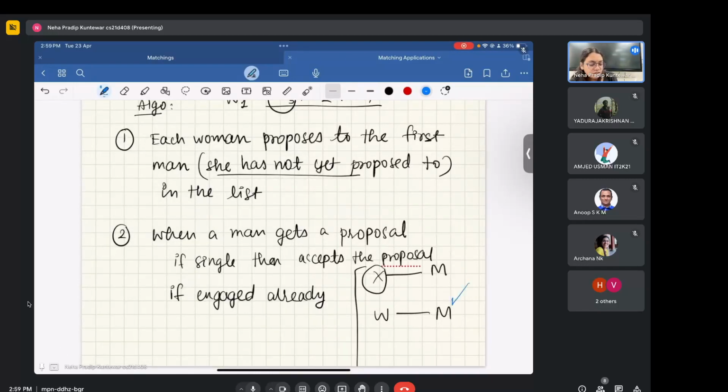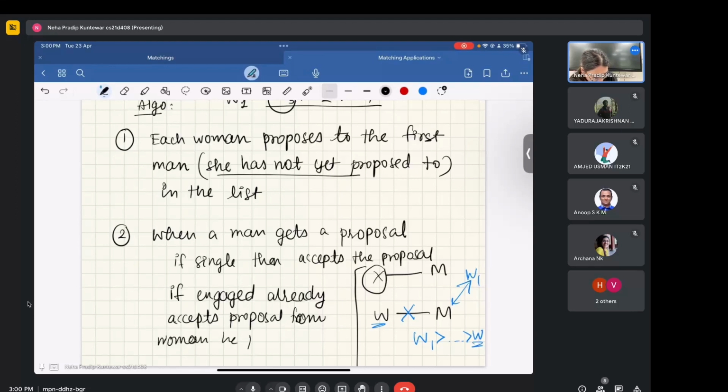Let's say he gets a new proposal from W1, and if he prefers W1 more over W, to whom he is currently matched, he will break this engagement, reject W, and accept the proposal of W1. And then the next step is that we keep on repeating.